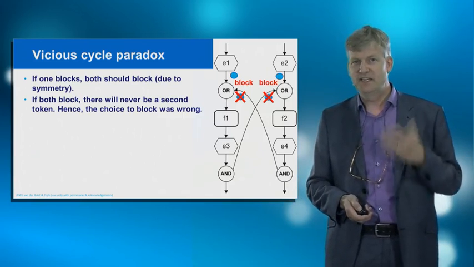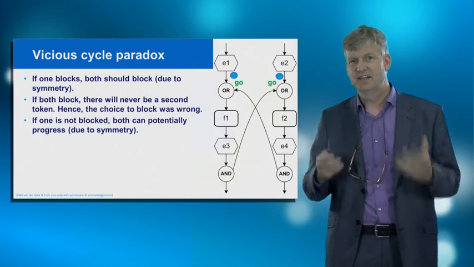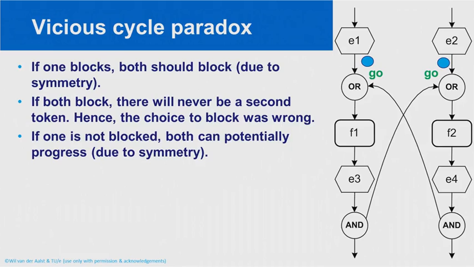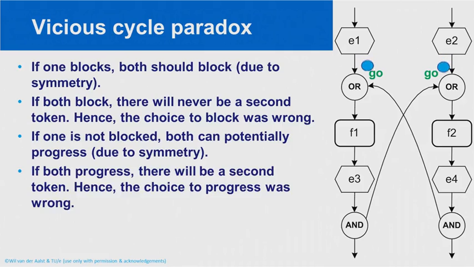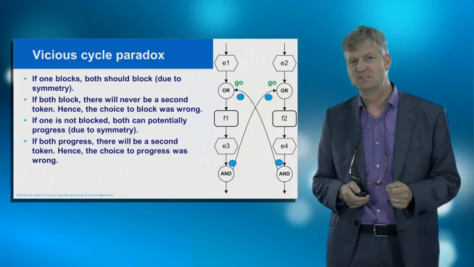So now we can say, okay, if one is not blocked, then by symmetry, the other one should also not be blocked. So they both can go. But if they both go, then there will be signals on the OR joins on the other inputs.